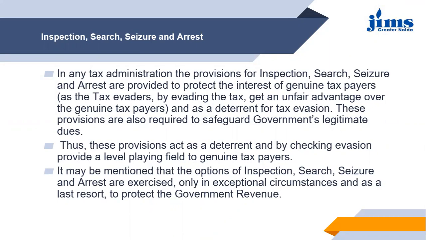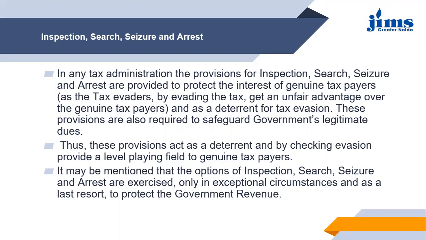So, whenever any proper officer finds any discrepancy in payment of taxes or in filing of returns by the taxpayer, as they have not met their liabilities properly, in that case we go for inspection, search, seizure, or arrest.